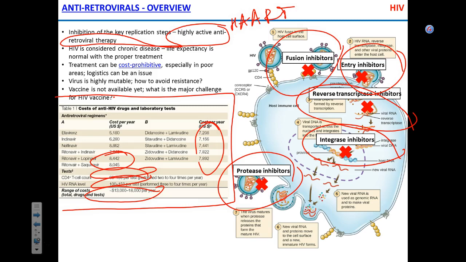The virus mutates really quickly. But the biggest challenge probably for an HIV vaccine is that if you vaccinate a population, just like we vaccinate against measles, it has to be 100% effective, not 99.9. There should be no infection. You see what I'm saying?